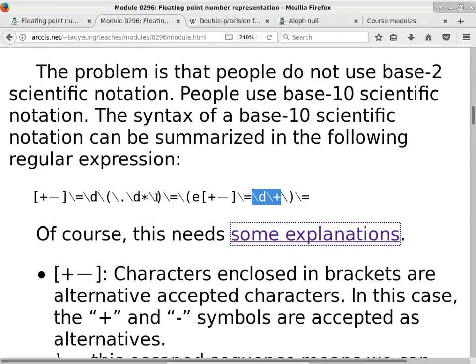Is that making any sense? Because I am telling you exactly what part can be optional, what part has to occur at least once, what part has to occur exactly once, and so on. So when you write your code to parse base 10 scientific notation, you might want to refer to this one just so that you know what I can throw at your program as possible inputs.